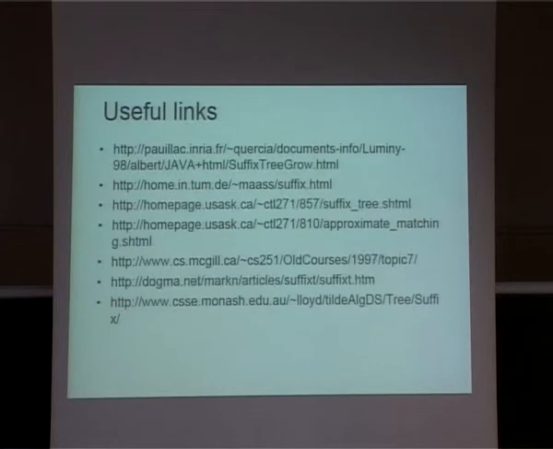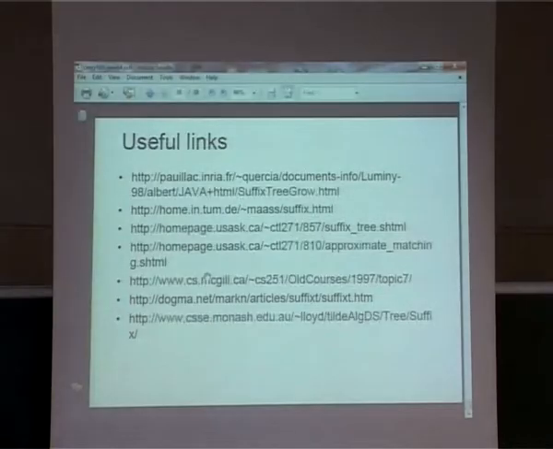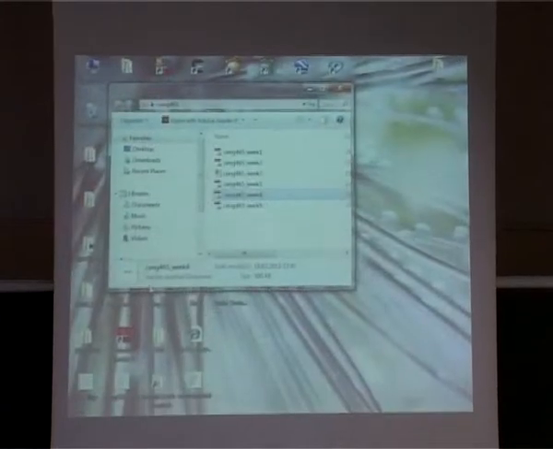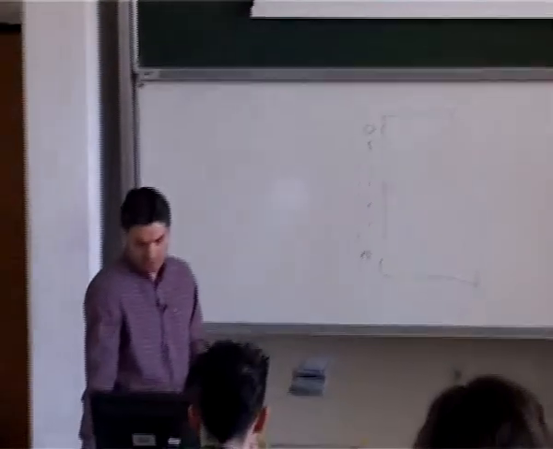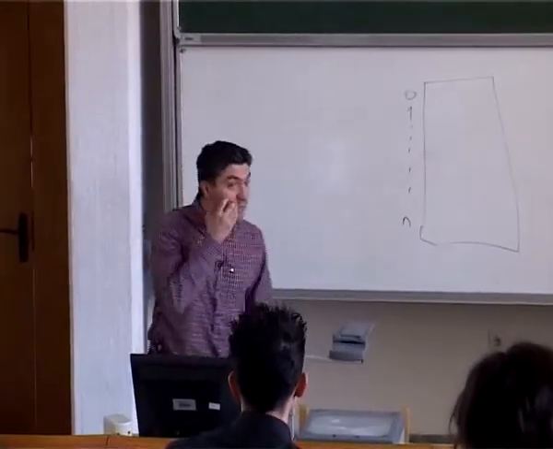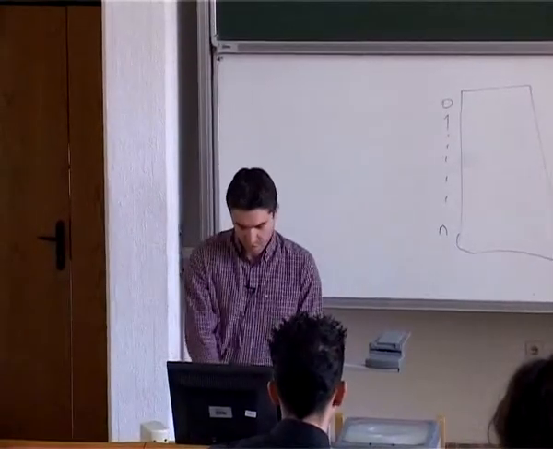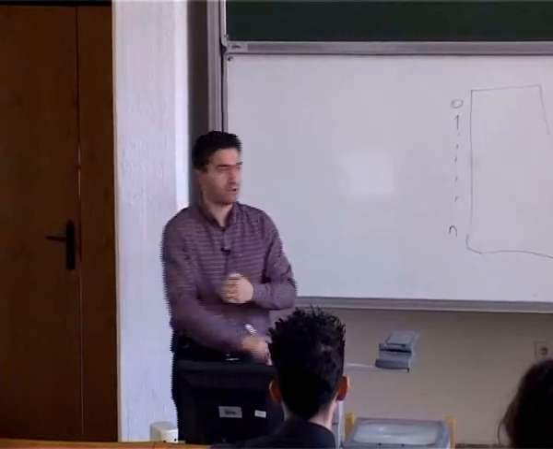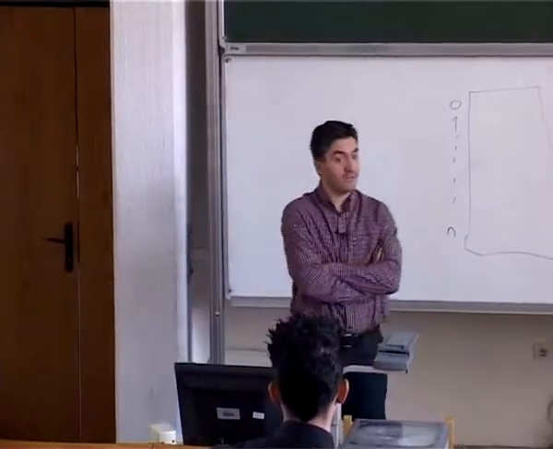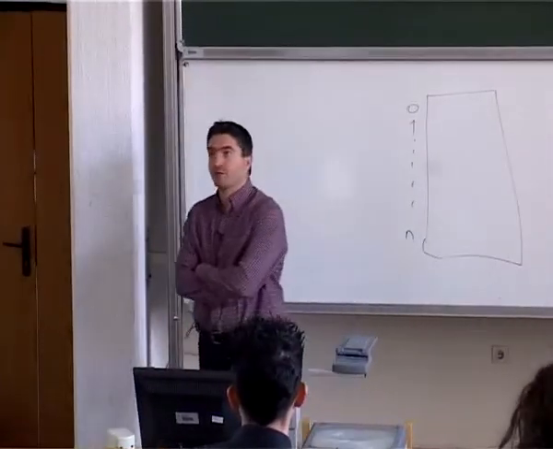So these are some useful links about suffix arrays and suffix trees. I posted lecture slides on the website, so you can take a look at these if you're interested in suffix trees. Now, we are going to start talking about multiple sequences. This brings us to a new topic, which we are going to spend more than 2 weeks on.